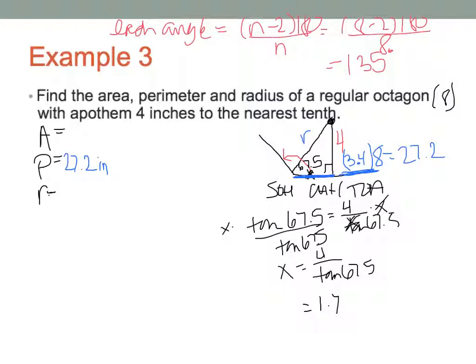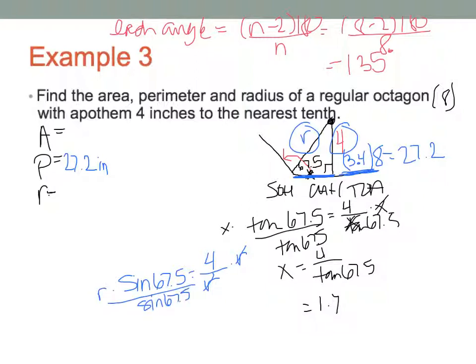I'm standing at 67.5. I'm going to use my 4, which is the opposite, and then r, which is hypotenuse, and that's sine. So sine of 67.5 equals opposite 4 over hypotenuse r. Multiply both sides by r, and then I'll divide both sides by sine of 67.5.